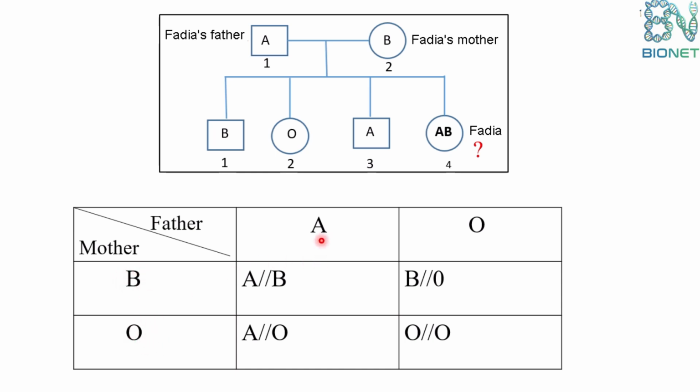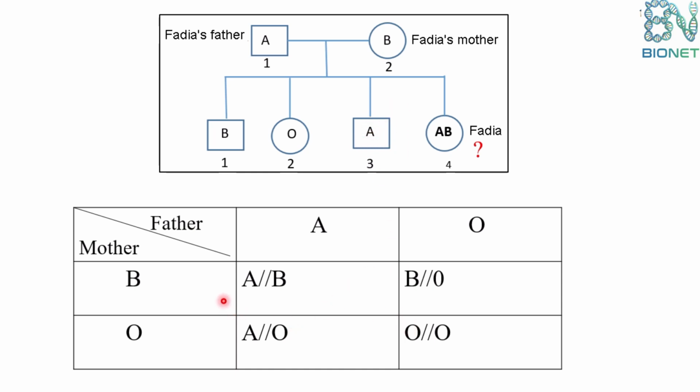A from the father with B from the mother will give the genotype AB, leading to the phenotype blood group AB, which is the blood group of Fadia. O from the mother with A from the father will give the genotype AO, blood type A. This is the blood type of this child.